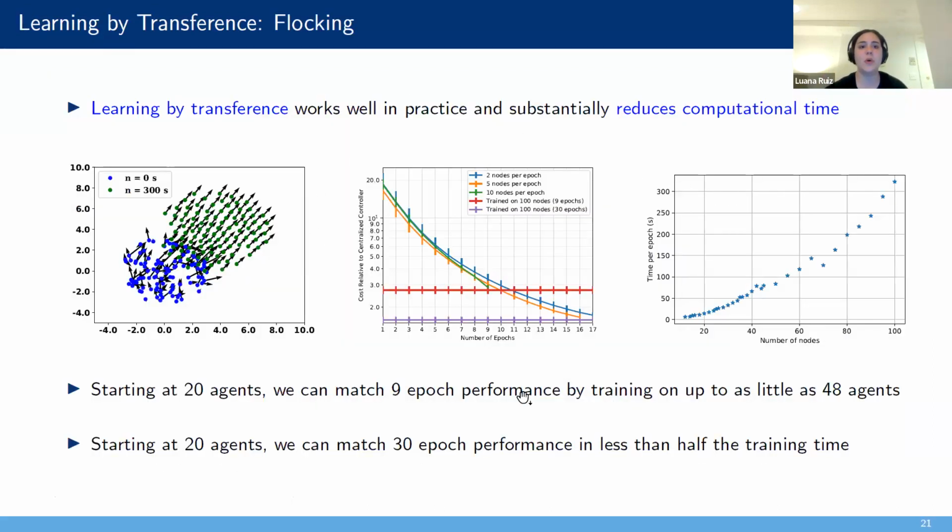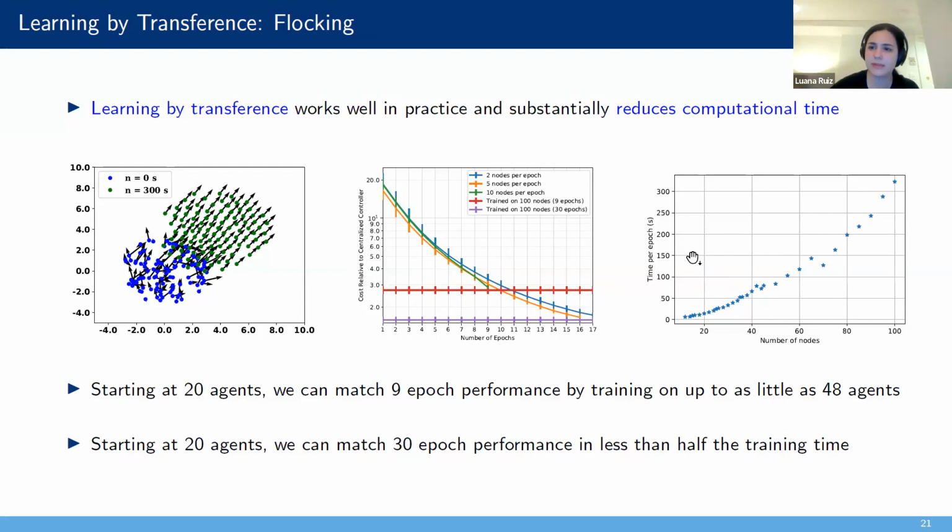And here, I just wanted to show a numerical example, exemplifying how this learning by transference algorithm works well in practice, by showing how, when we compare it with training a graph neural network directly on the large graph, we are able to save in terms of computational complexity. So if you look at the figure on the center of the slide, the red curve, which is flat, shows the control cost achieved in that flocking problem when we train the controller directly on the 100 agent graph.